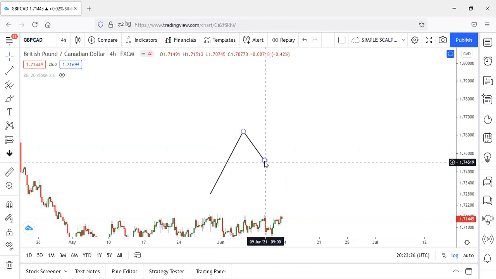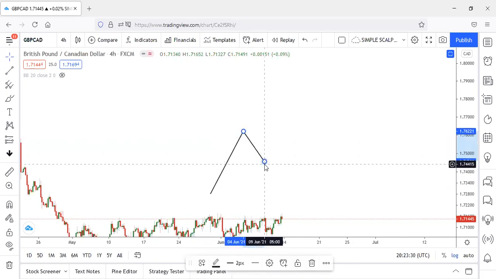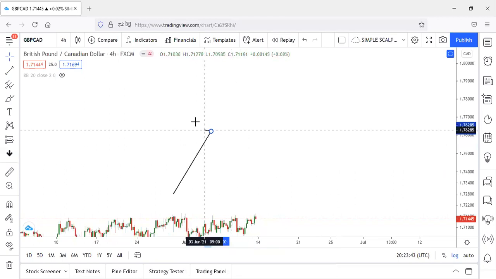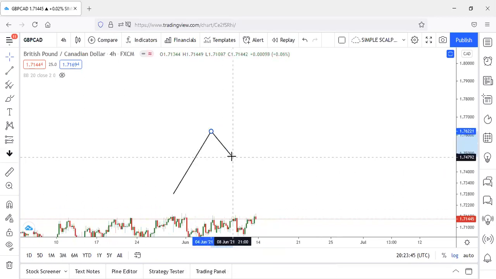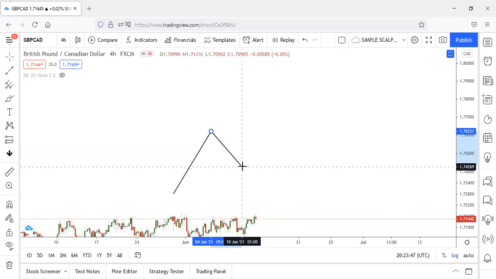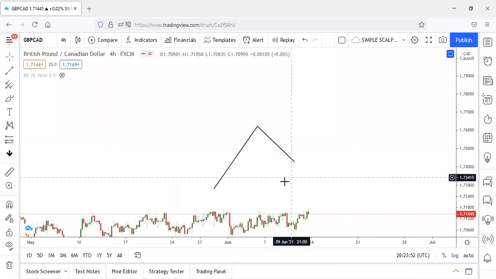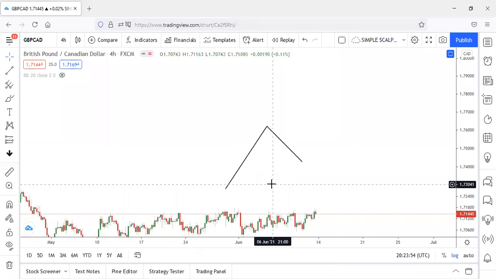In the case of a pullback like this, it means the market is breathing in, trying to get ready for the next move. That is what I mean by breathing in. The time of pullback is known as breathing in. That is the explanation I personally developed to explain this to people, so I believe this is right.